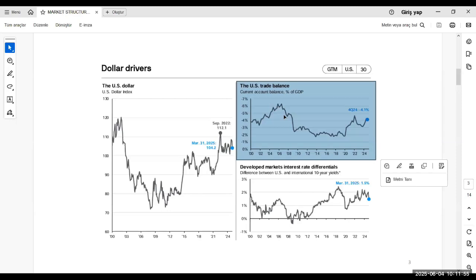Please think about this. You have two countries, let's say Turkey and Russia. And let's say Russia sells $1 trillion of products to Turkey, exporting $1 trillion, but imports just, let's say, $50 billion from Turkey.